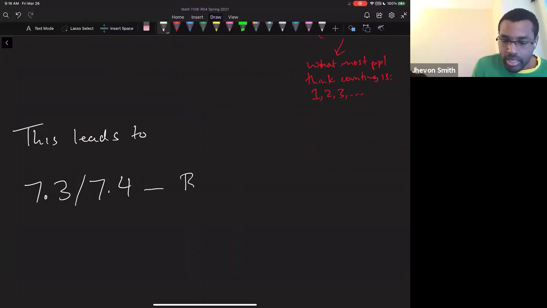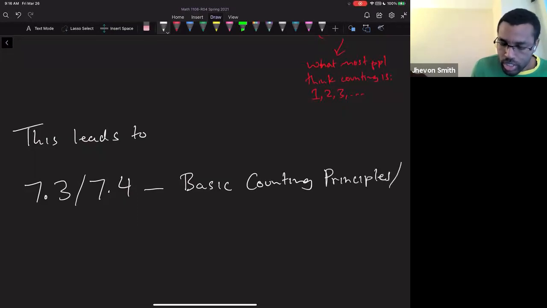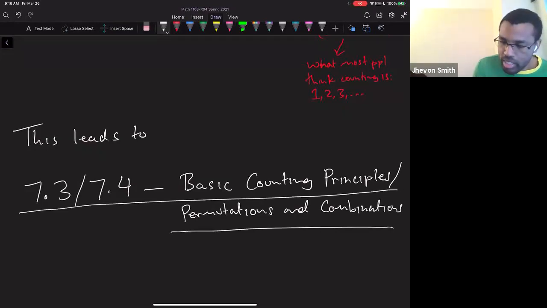This is basic counting principles, permutations and combinations. 7.4 is where you deal with permutations and combinations, but the way I like to introduce this, it just kind of naturally flows into that section, so I don't really want to dissect them as two sections. Just going to do both of them.